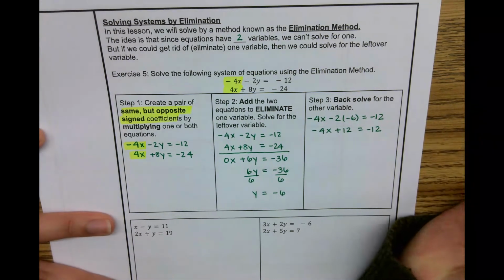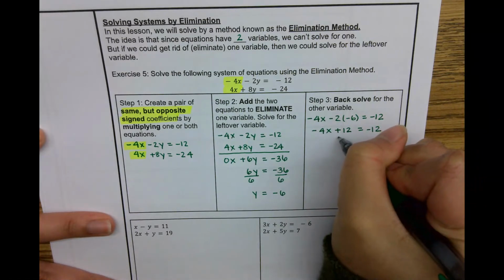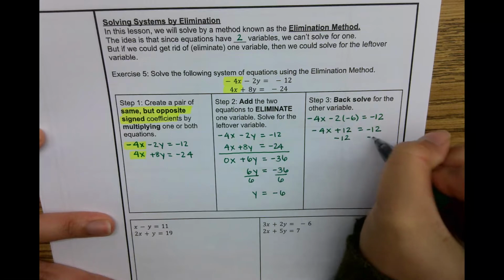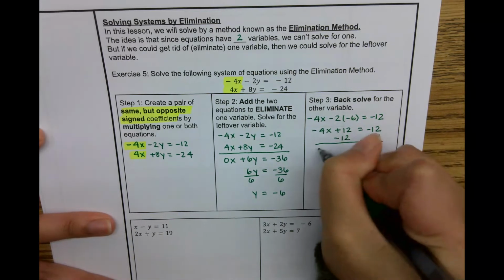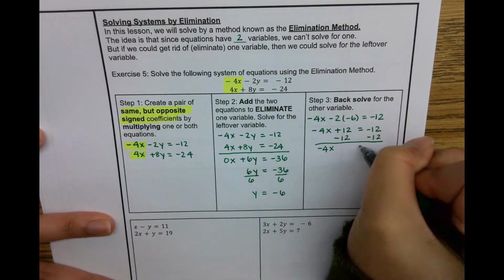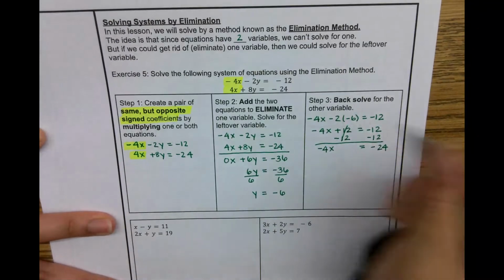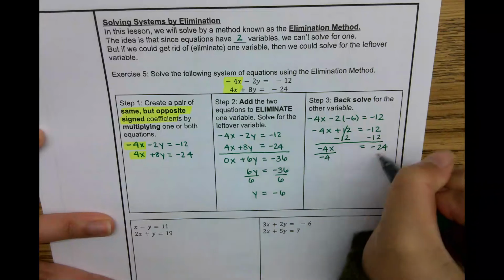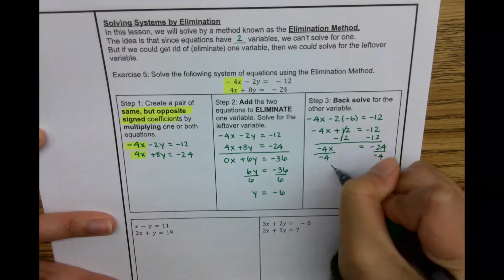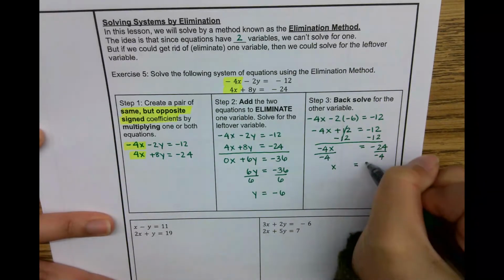Okay. Then I need to solve for x, so I'm going to do reverse order of operations. So the opposite of plus is subtract. And then get rid of the times negative 4 by dividing by negative 4. And I get x equals 6.